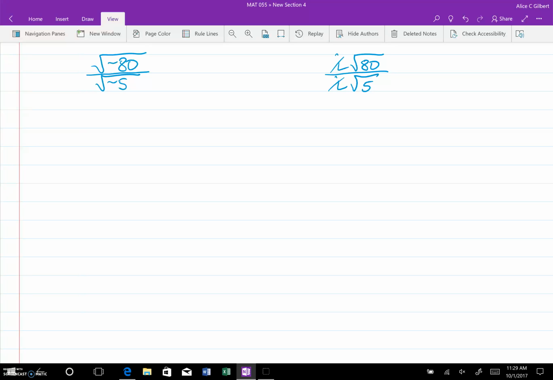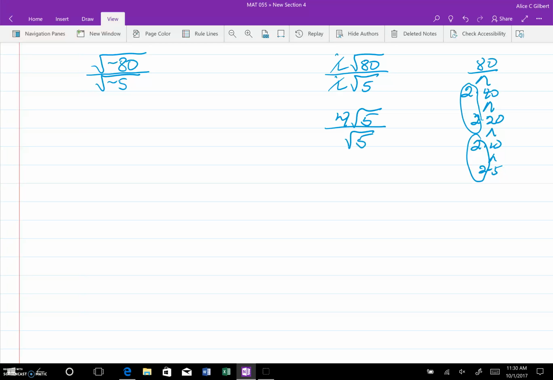And remember, they're treated exactly like any other variable unless it becomes i squared. Simplifying the square root of 80: 2 times 10, 2 times 5, so I get 4 times the square root of 5 over the square root of 5. Anything over itself equals 1, and I get 4.